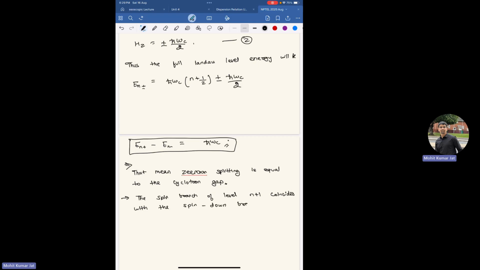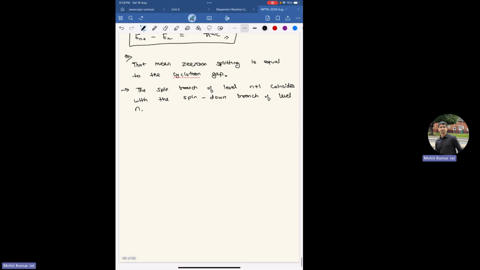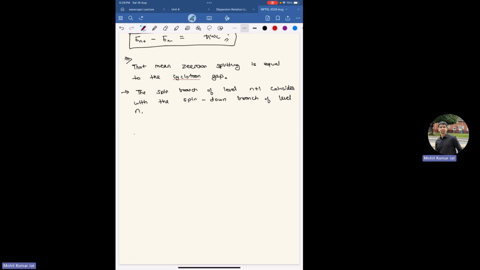Thus the spectrum forms a ladder of equally spaced levels, but each energy has a contribution from different spin and Landau index. So for example, initially you had your Landau levels with energy levels like this.